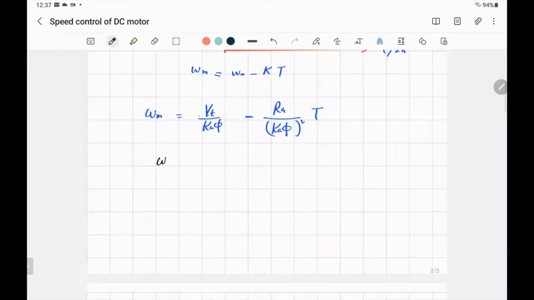Omega M equals, I have Ka and Phi, I'll keep it constant. I'm not going to change anything in the field.